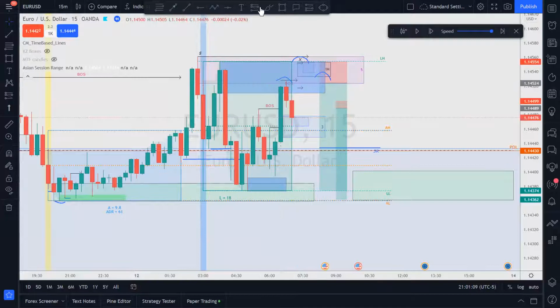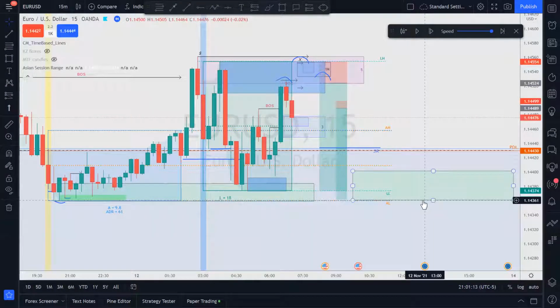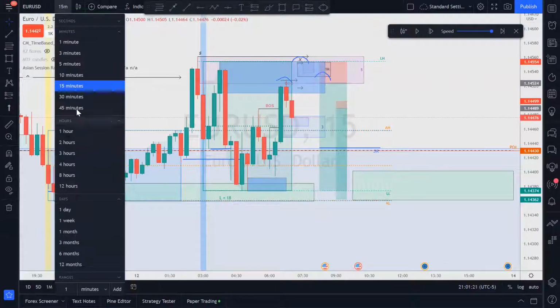And this would have been an excellent, I didn't say a little bit, I said it would be an excellent entry for a London short. Now, I don't trade during London. This setup came right around 6:30, 6:45, and that's before my time. All right.